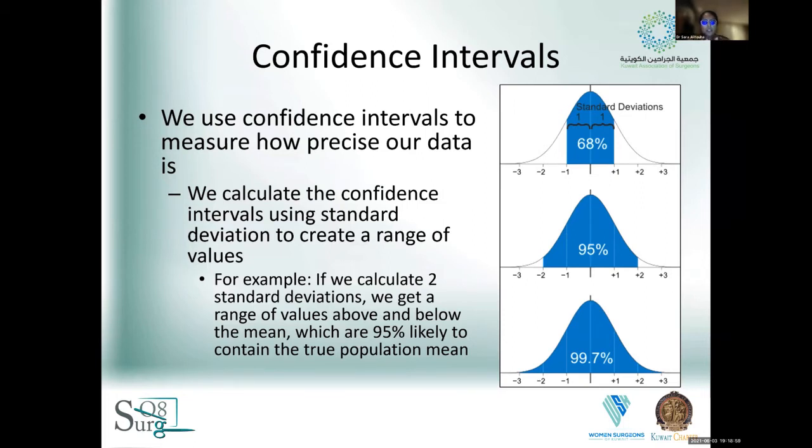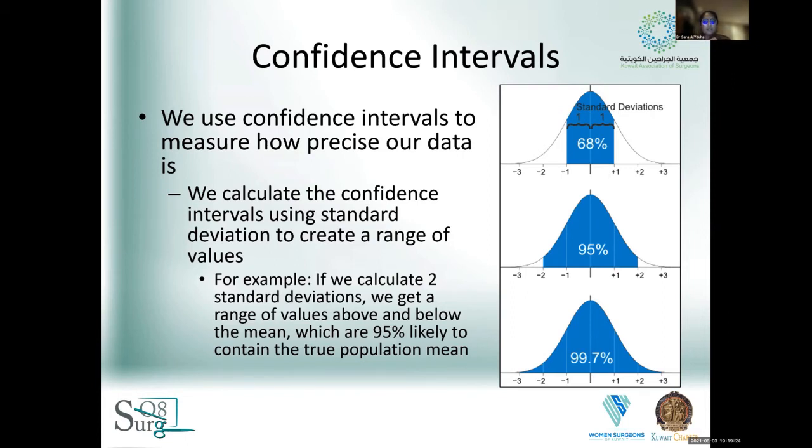Three standard deviations gives you 99.7% of the data points above and below the mean. So if you calculate two standard deviations, which is what we usually do in papers, we get a range of values above and below the mean where 95% of our data is likely to contain the true population mean.